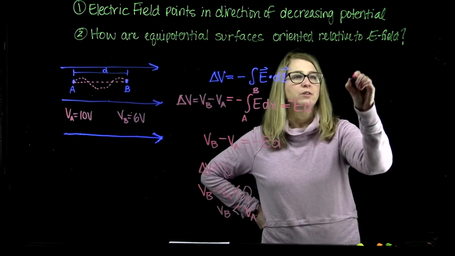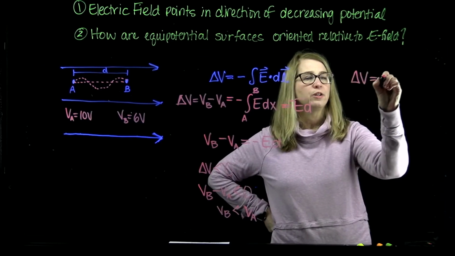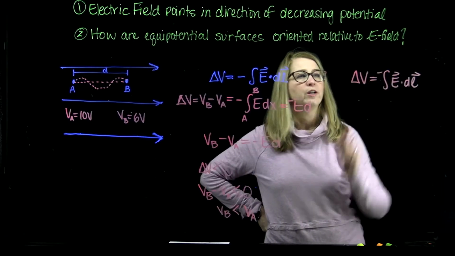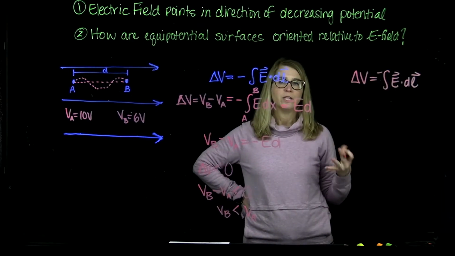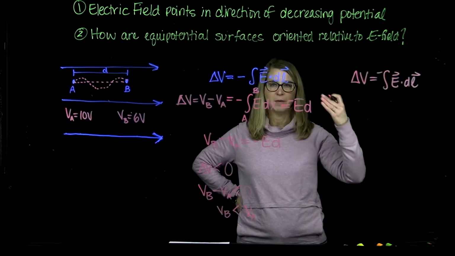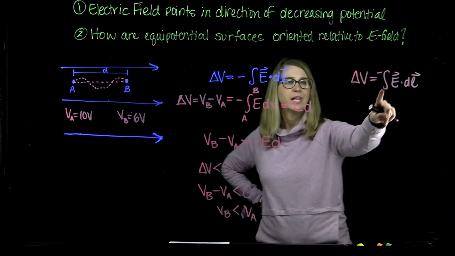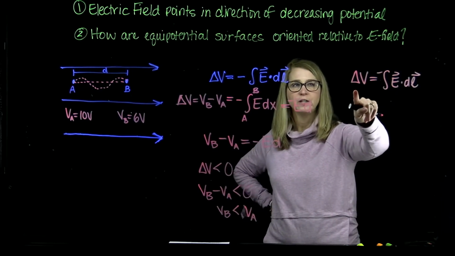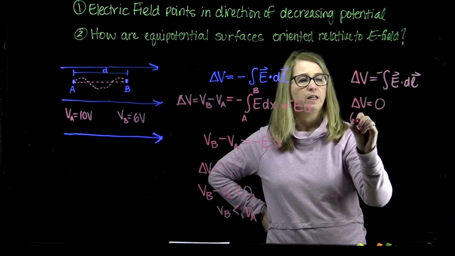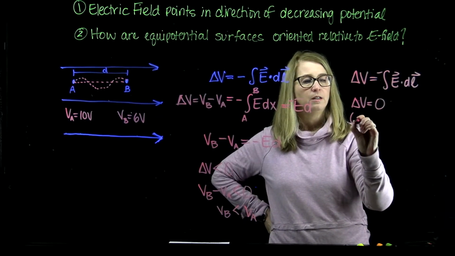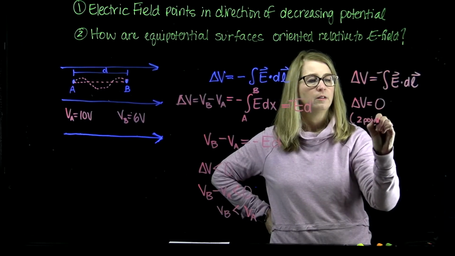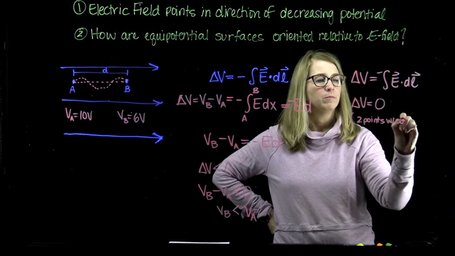Now, using this relationship, we can answer the other question, which says, how are the equipotential surfaces oriented relative to the electric field? And so I'm asking myself, for instance, how could I move around in this electric field to give a delta V equal to 0? That would mean that, let's say, I go between 2 points with the same potential.